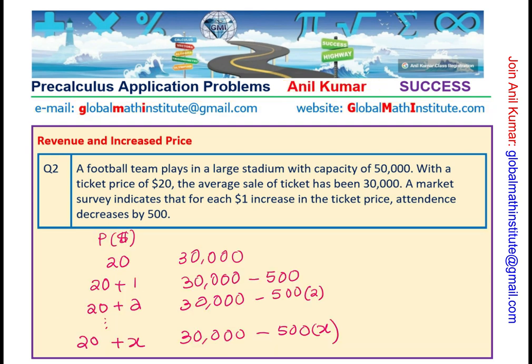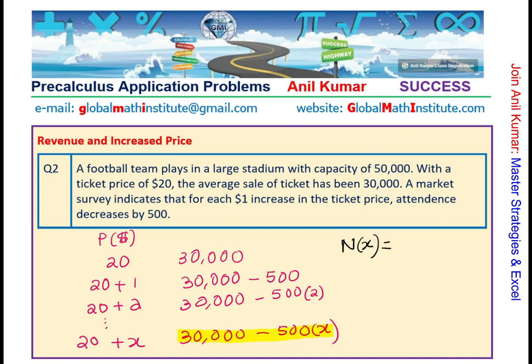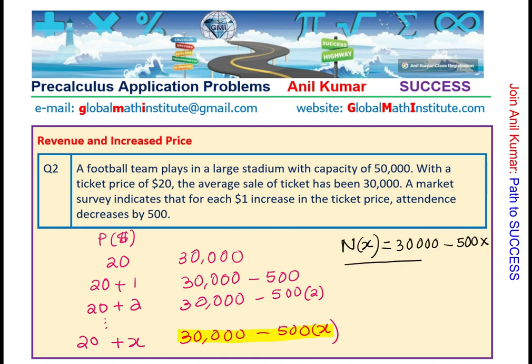So we can write down N, the number of spectators, as a function of increase in price, which is X, is equal to 30,000 minus 500X. Does that make sense? So N, the number of spectators, is these many. Now, from here, you know the price is how much? Price is 20 plus X.